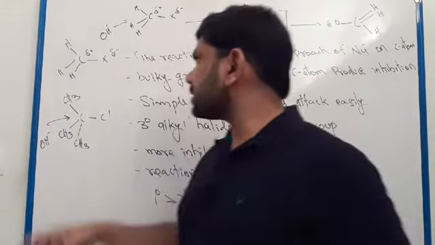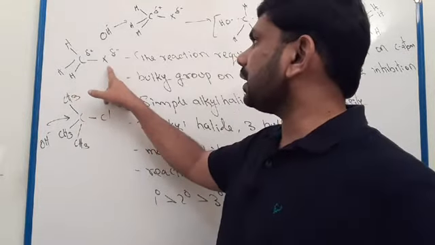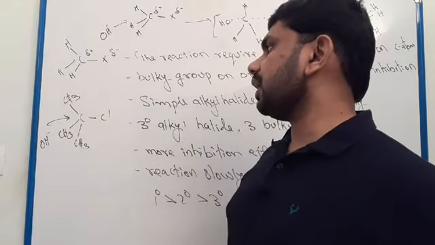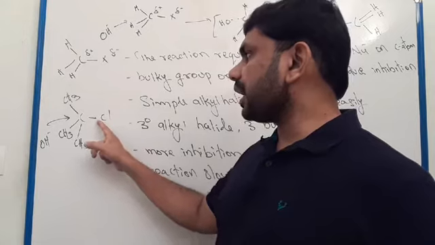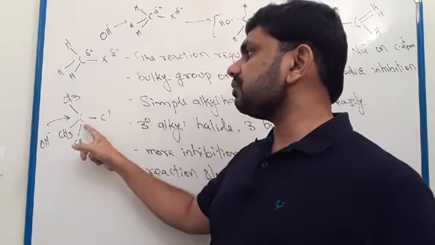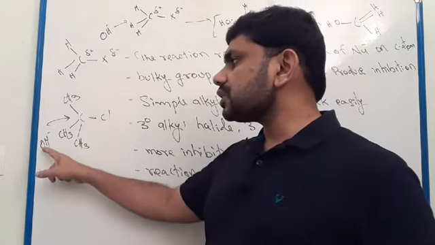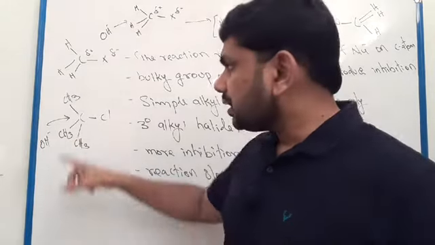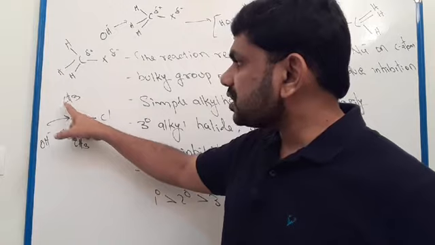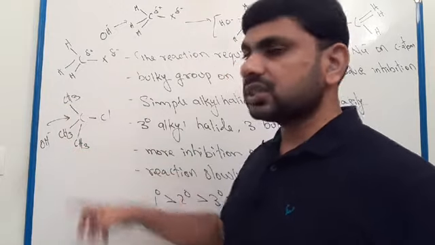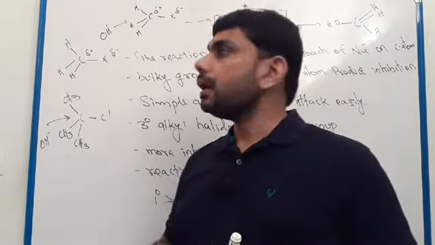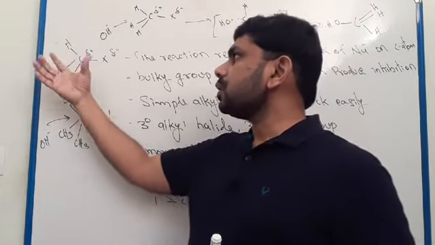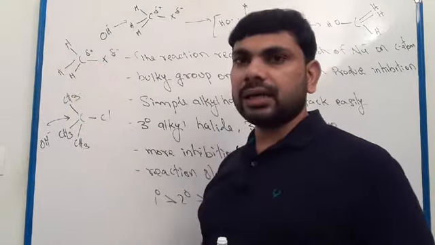See here, this is a simple alkyl halide, and this is a tertiary alkyl halide. This is the chlorine attached carbon, the positively charged carbon, and the nucleophile will approach this carbon atom. There are three bulky groups, CH3, CH3, CH3. But here there is only a simple hydrogen atom. So this is a simple alkyl halide.